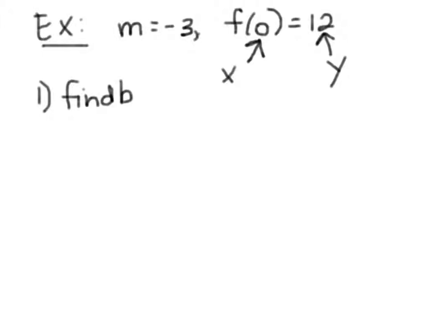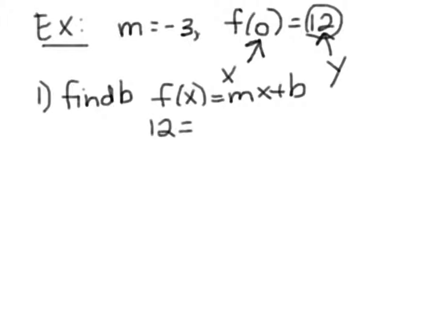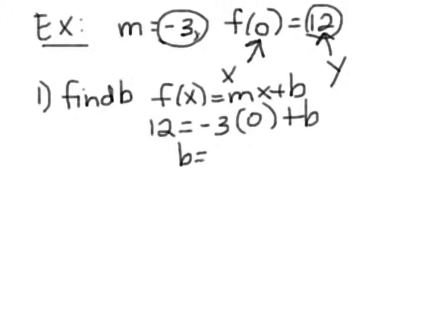So we're going to plug into f of x is equal to mx plus b. We know f of x, that's 12. We know m, that's negative 3. And we know x is 0. So when we solve, b is equal to 12.